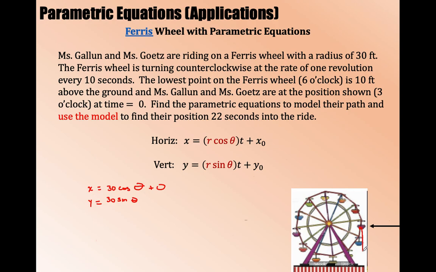Well, this distance, the radius down to 6 o'clock, is 30, but what do I also have to the ground, which is 10. So over here, this is going to be plus 40. Oh man, I forgot my t's, didn't I?